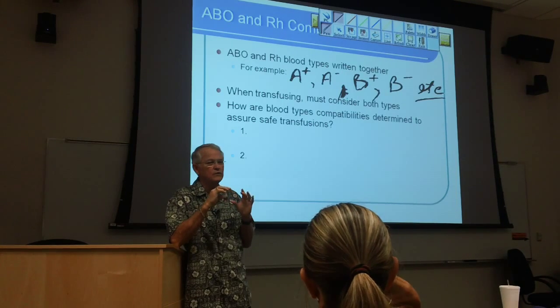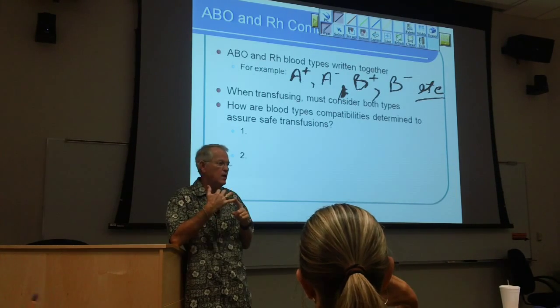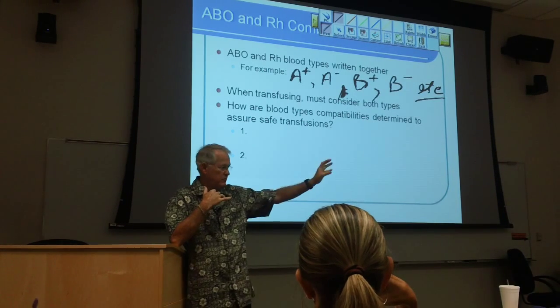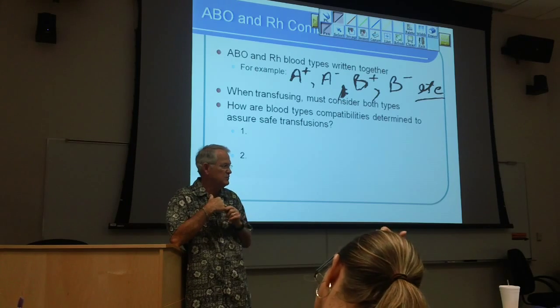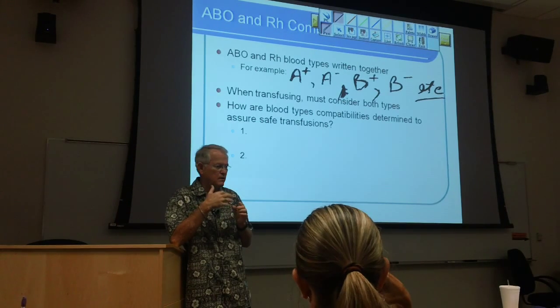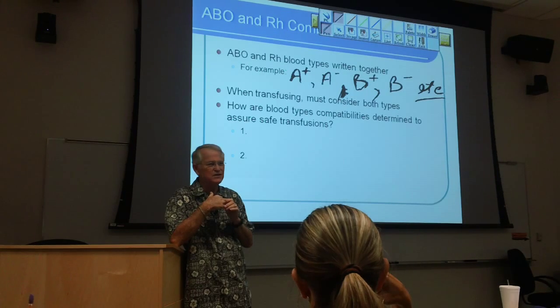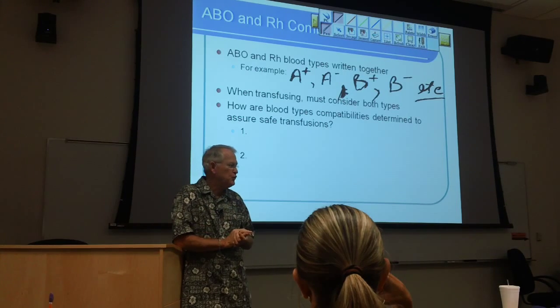O negative can donate to anyone because, for one, there are no ABO antigens for the recipient's antibodies to bind to. Secondly, there are no RH antigens to sensitize the recipient. So the true universal donor is O negative.